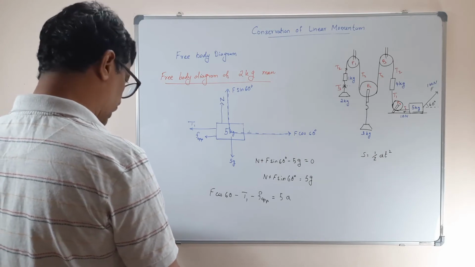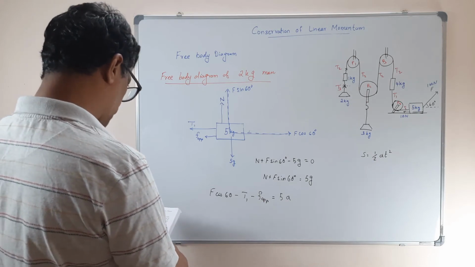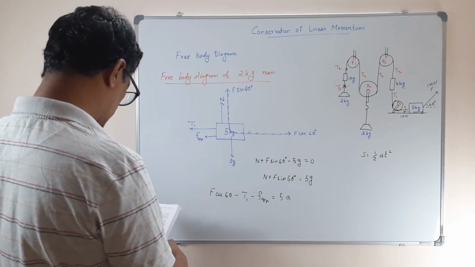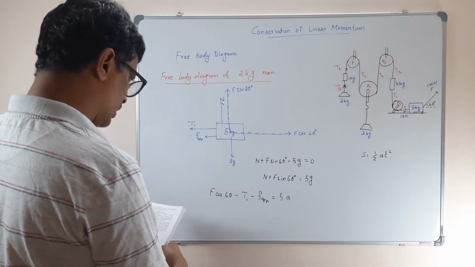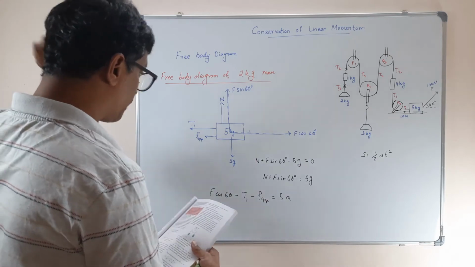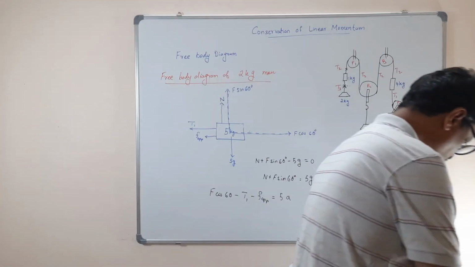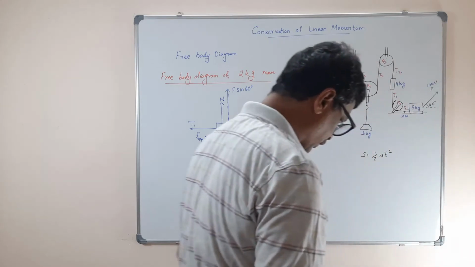I don't know why they have written it like this, 5 times the acceleration. What the answer they gave is for equilibrium.